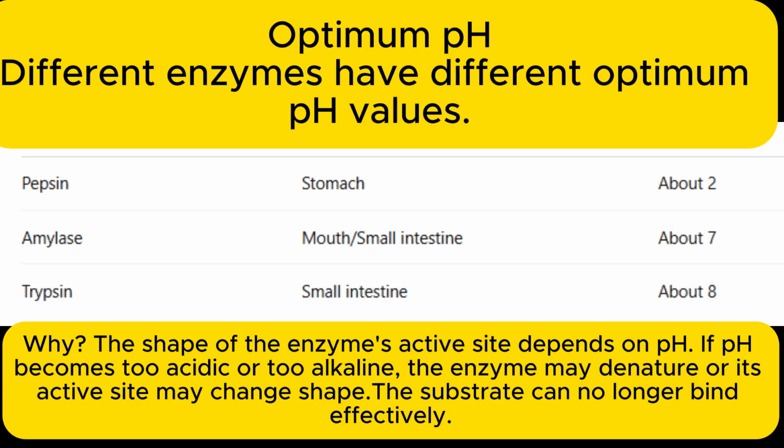Denaturation: a permanent change in the shape of an enzyme's active site caused by high temperature or extreme pH. The exam definition for denaturation is the permanent alteration of an enzyme's structure so that it can no longer function.